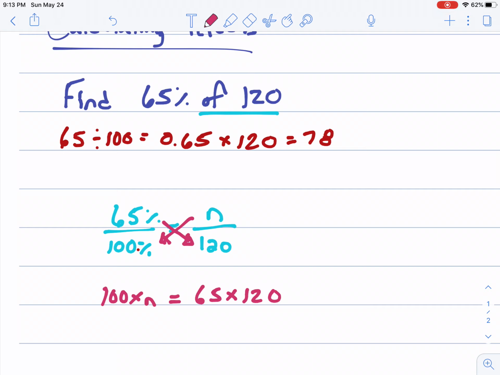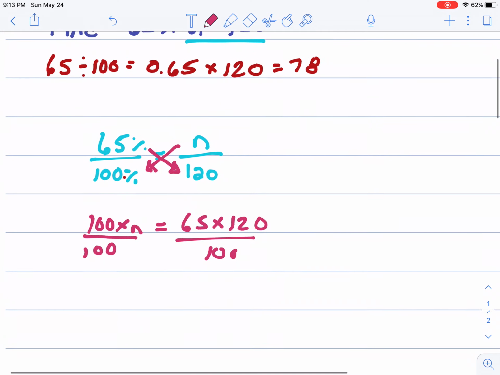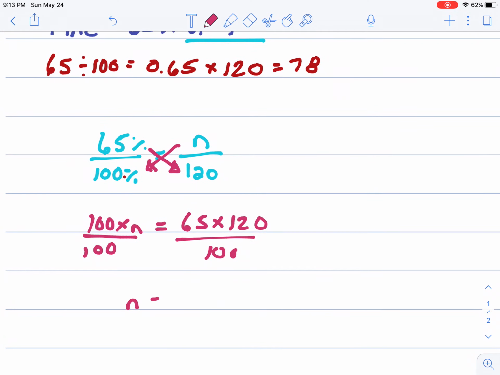Now to get n by itself, you would simply divide this side by 100, and that leaves your n term by itself, and you have n is 65 times 120 divided by 100.